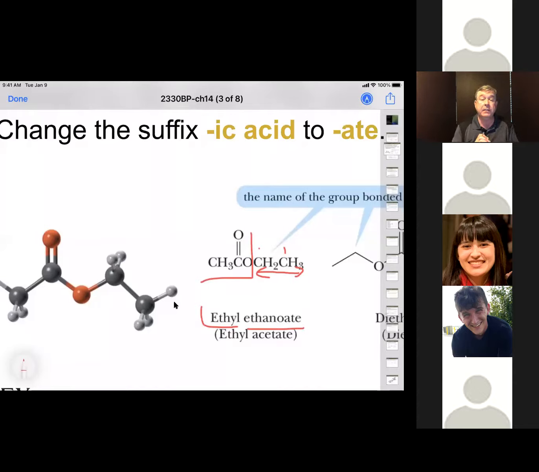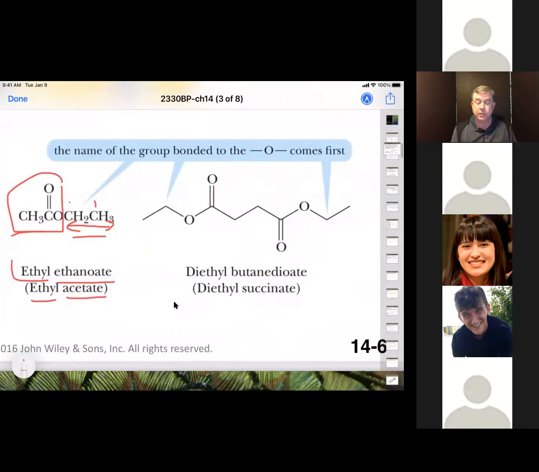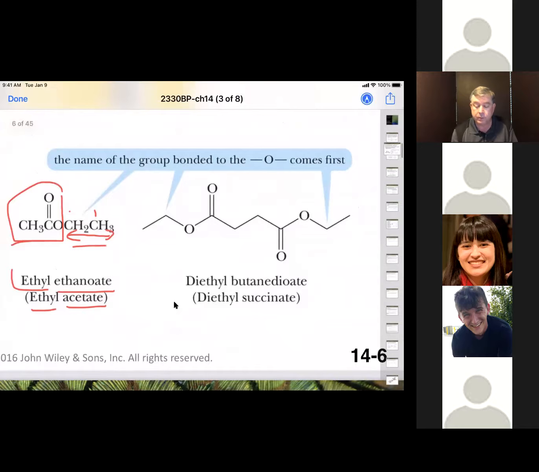If we wanted to name it by its common name, we would say, oh, that's acetic acid. So we have our ethyl group, and so we have ethyl acetate. So if we have something more like this, we're starting with a dioic acid here, and it's 1, 2, 3, 4. So that's butane dioic acid, but it's no longer an acid, it's an ester. So we drop the ic acid, add O-ate. So butane dioate, okay?